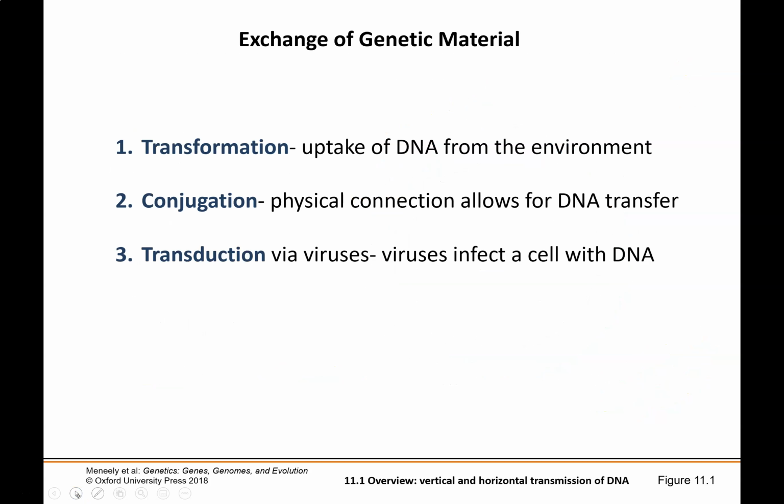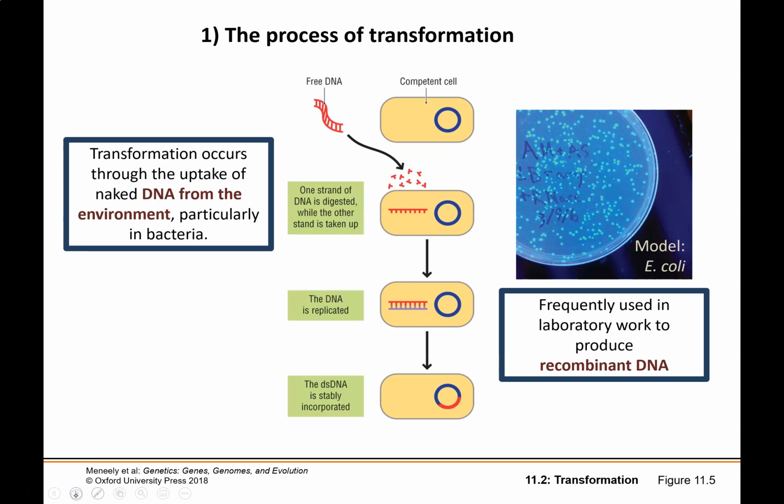All right, so let's talk about these different types or different mechanisms of genetic exchange. So we'll talk about transformation in this video and the other two in the next video. So the process of transformation occurs through the uptake of DNA from the environment. So any cell can actually take up DNA from the environment. Some eukaryotic cells do.